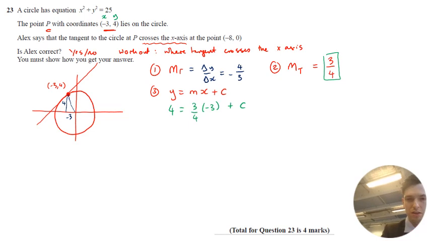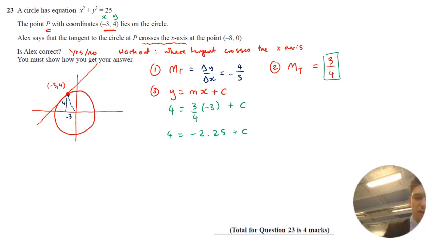Okay, let's multiply out. 3/4 times minus 3. You do actually have a calculator on this paper. So what did you get if you put that into your calculator? This is minus 2.25 plus c.